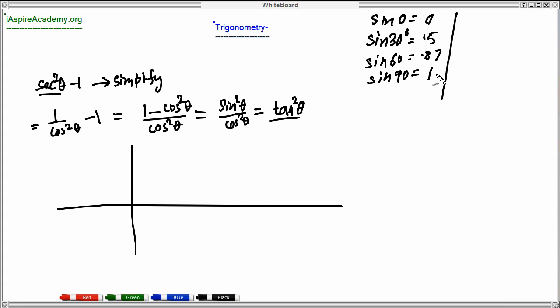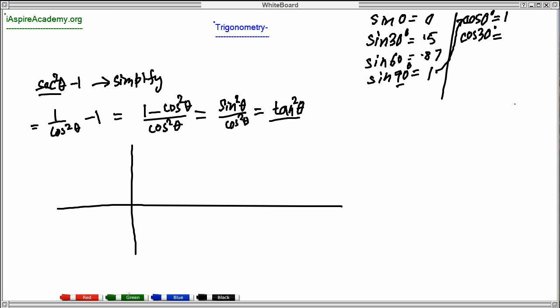Now sine and cosine are kind of converse, almost inverse. What that means is that there is always a difference of 90 degrees. If sine 90 degrees is 1, then cosine 0 is equal to 1.